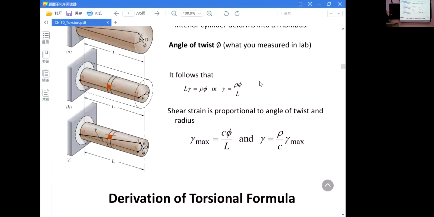Yes or no? We get this new equation. How to get tau rho equal to T rho over the integration of rho squared dA? I want to get the formula. How to get it?